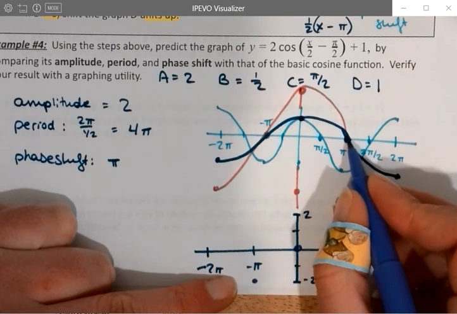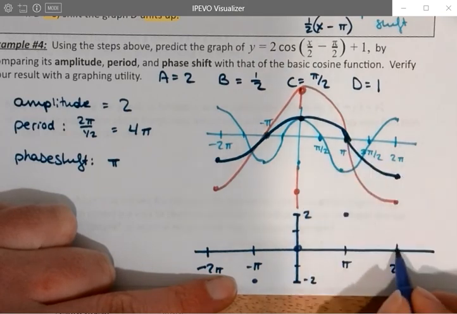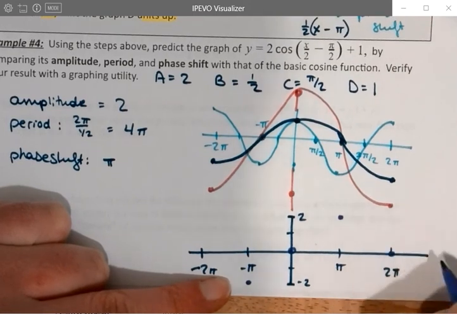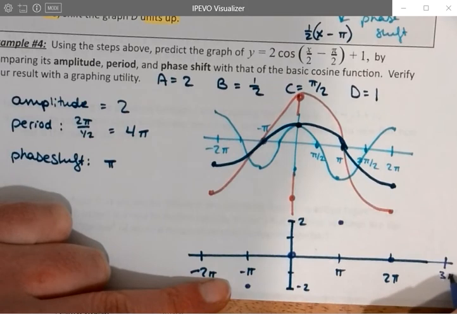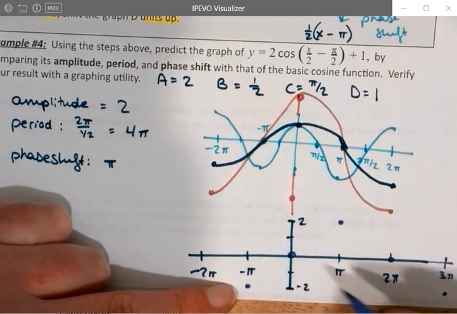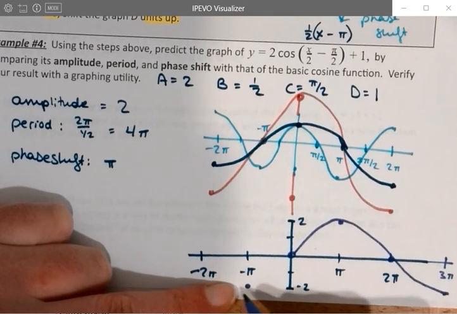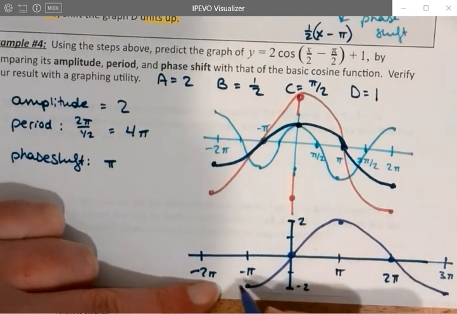The pi shifts over to 2 pi. And if I had 3 pi on the list, the 2 pi shifts over to 3 pi. So this looks like this.